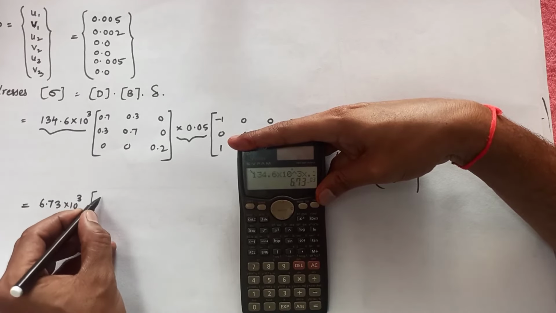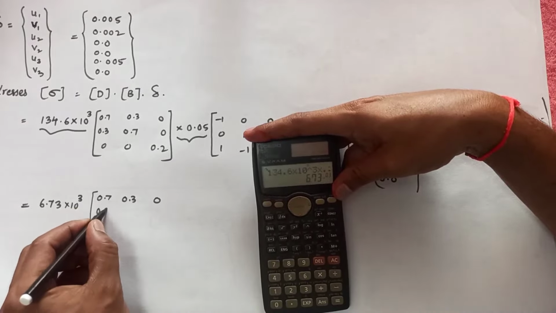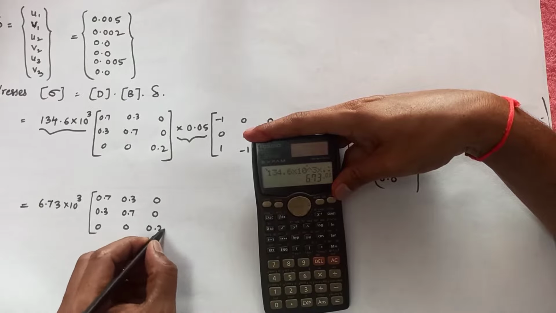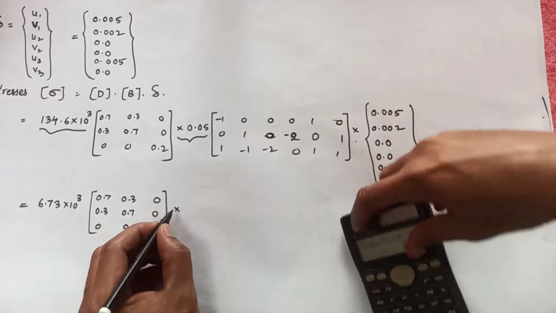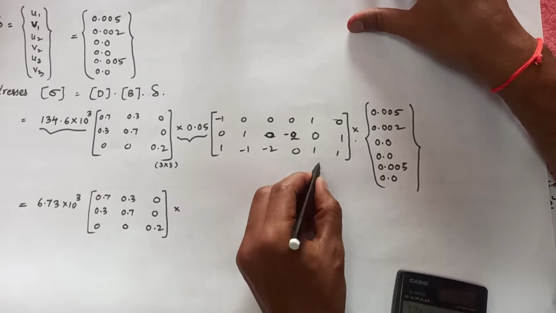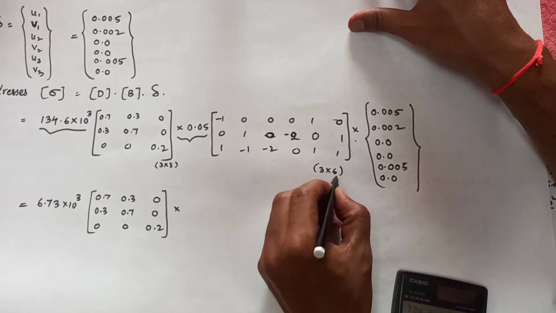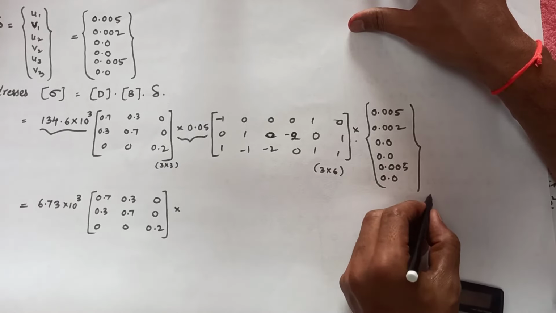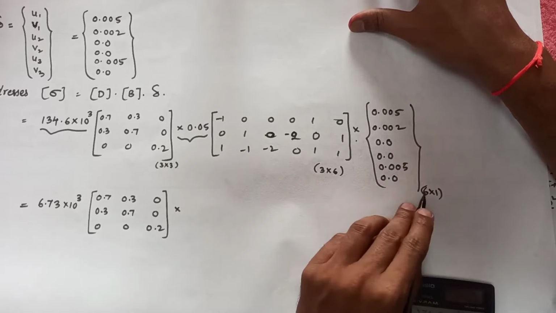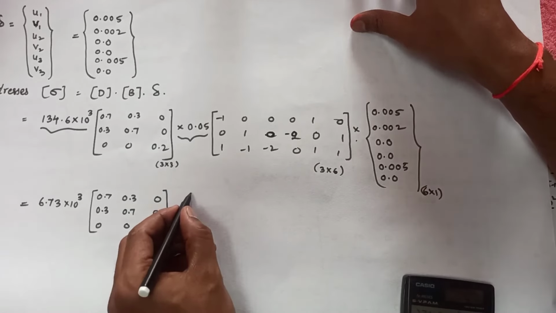Again this 3 into 3 matrix, into, see now this is a 3 into 3 matrix, and this one is a 3 into 6 matrix. Okay, so now this is 6 into 1. Now these two matrices we can multiply, 3 into 6 and 6 into 1.